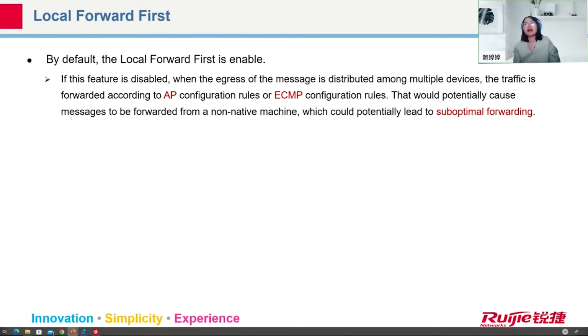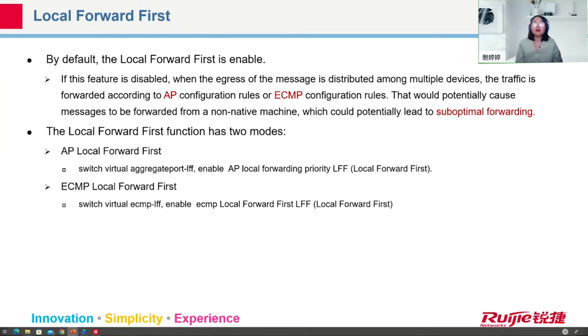And we have 2 types, one for AP configuration and another for ECMP configuration. AP is aggregate port, right? And ECMP is a load balance way to forward the traffic according to your load balance path. The local forwarding first function for AP uses the command switch virtual aggregate port LFF.